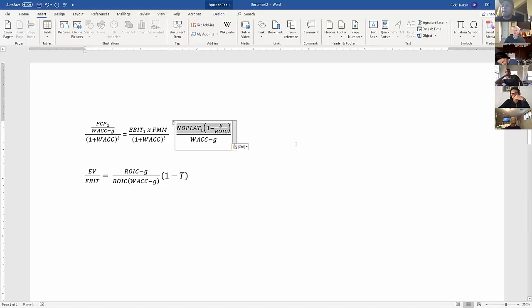So NOPLAT times 1 minus G divided by ROIC. Do you remember that that is actually EBIT times 1 minus the tax rate, which is NOPLAT, times 1 minus G divided by ROIC? And we know that when we take that divided by WACC minus G, it gives us some value, some enterprise value that we've called a continuing value, okay? Enterprise value is a form of continuing value.